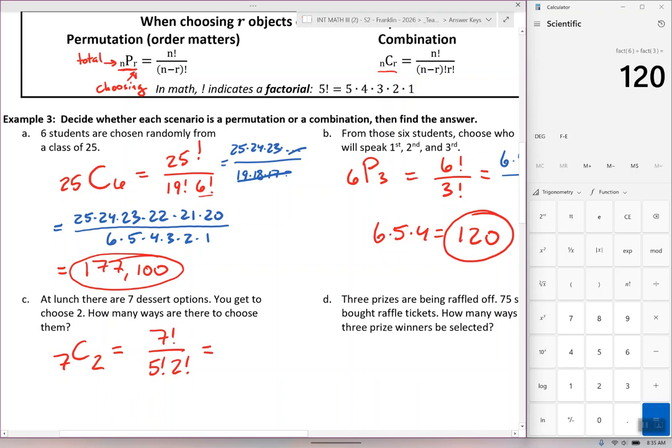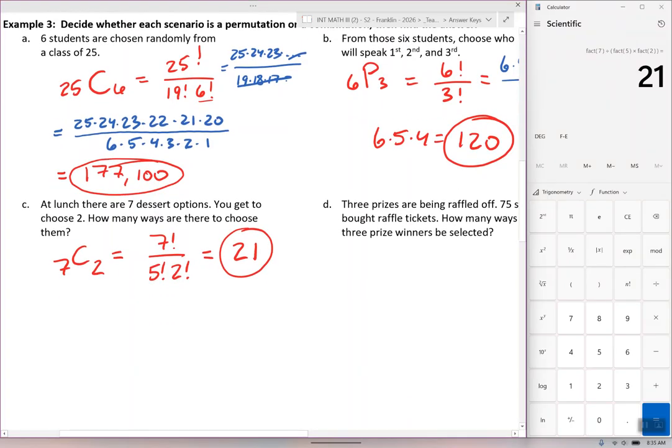Now I can use the calculator for this as well. I could do 7 factorial divided by, in parentheses, 5 factorial times 2 factorial, and I get 21. To double check that, these are small numbers, so we can make sure.